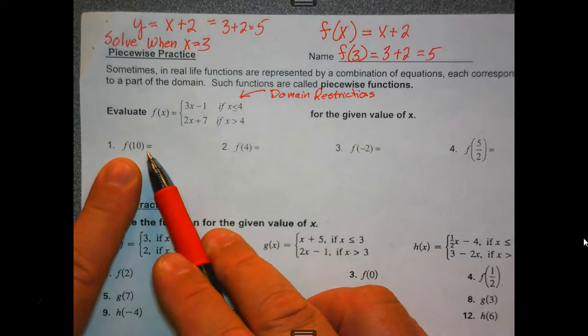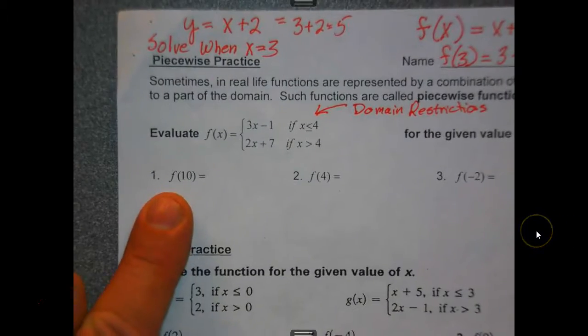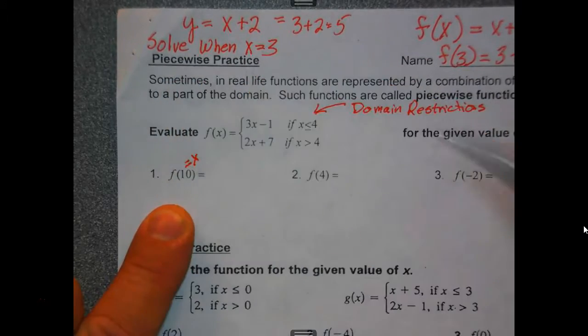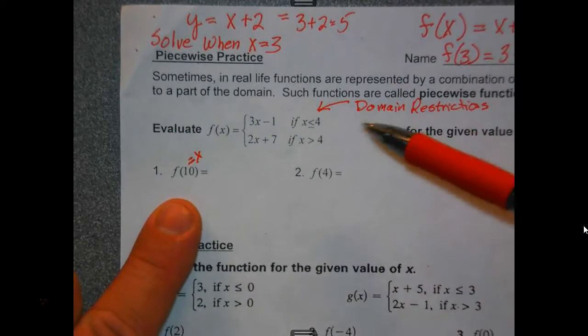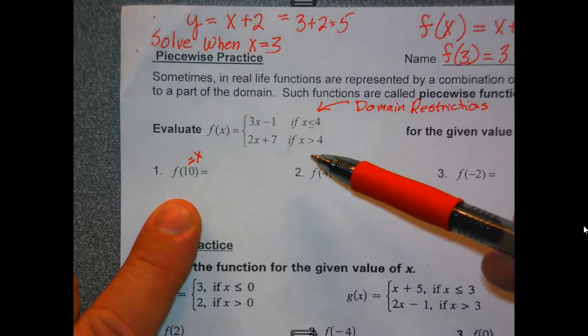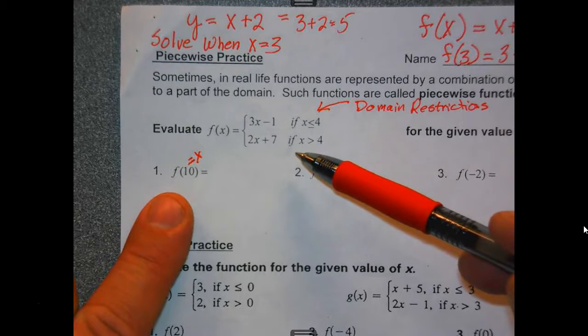Okay, so we have to solve for the f of 10. 10, remember, is what equals x. So we go back up here and look at our domain restrictions. Which one of these expressions are we going to use for x greater than 4?